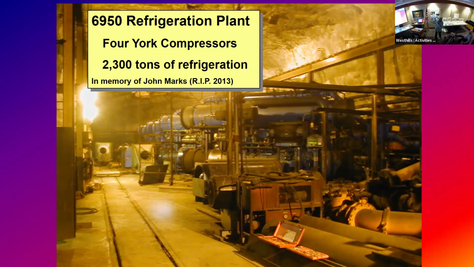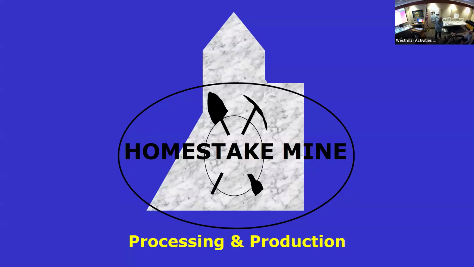It's a big opening, and it's only about a third of the size of all the other components of it. And we always kind of advertise this plant as the equivalent of what it took to air condition both World Trade Centers. That's how big of an air conditioning plant it is.